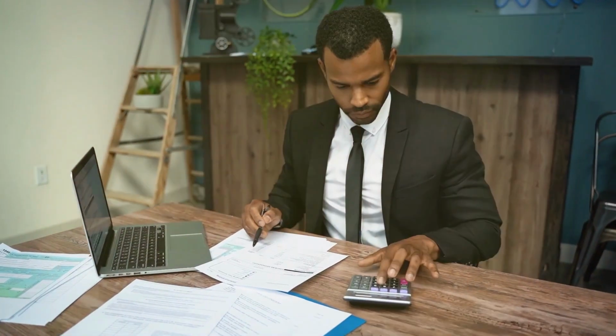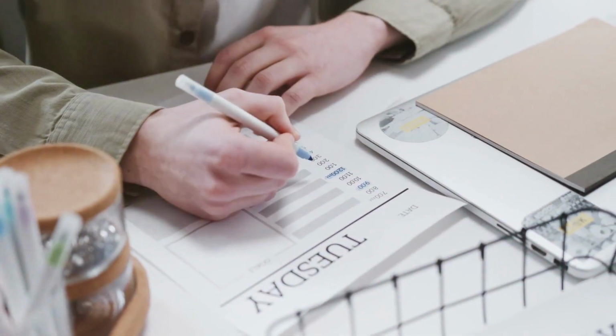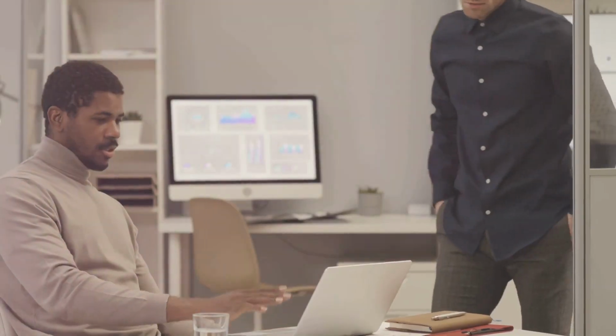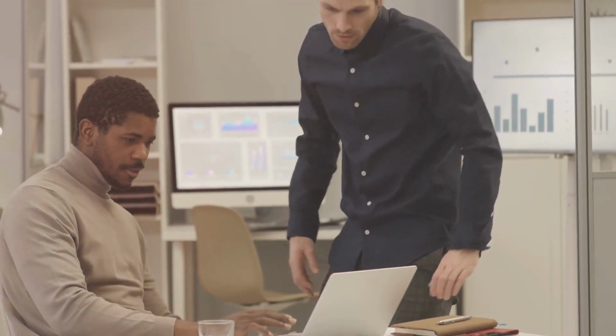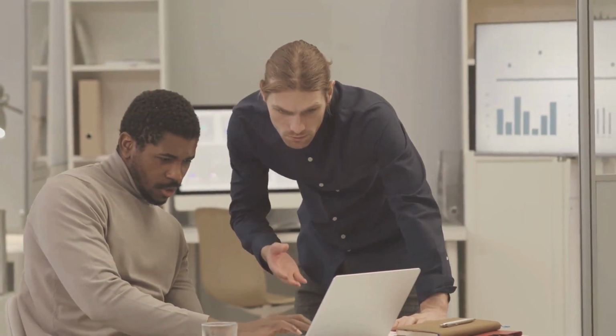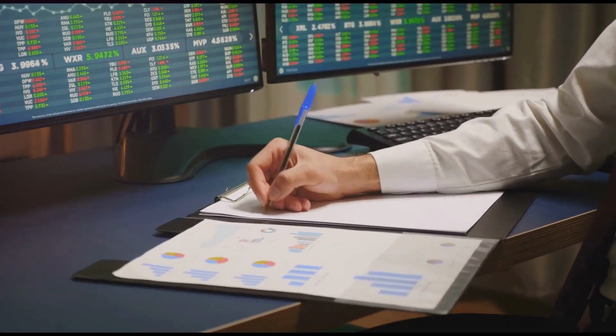This includes assessing the company's accounting practices, potential risks, and any discrepancies that may indicate manipulation or fraud. By conducting a thorough analysis of a company's financial statements, investors can make more informed decisions and mitigate potential risks associated with their investments.